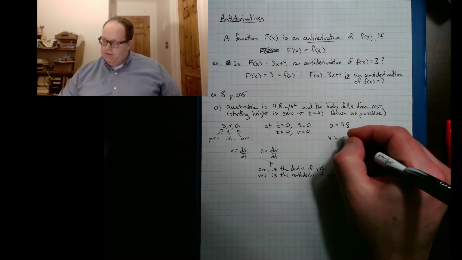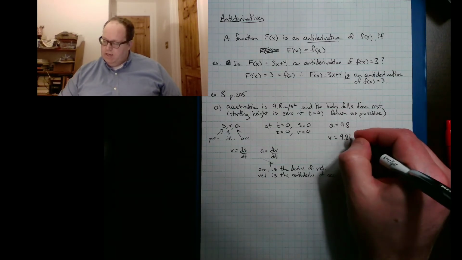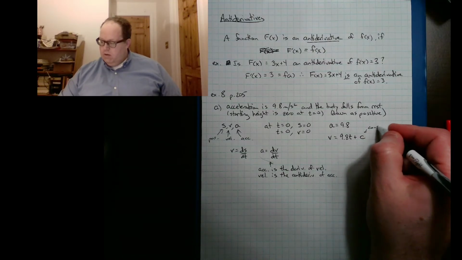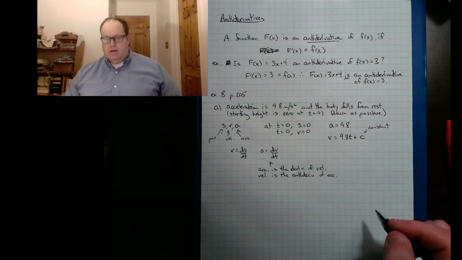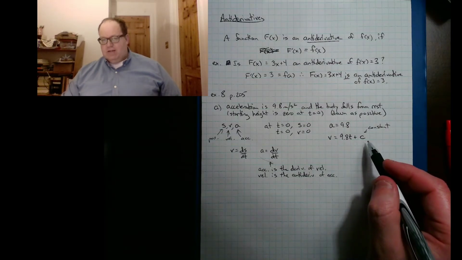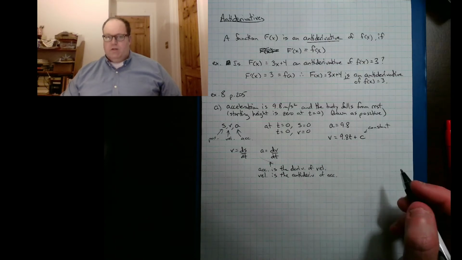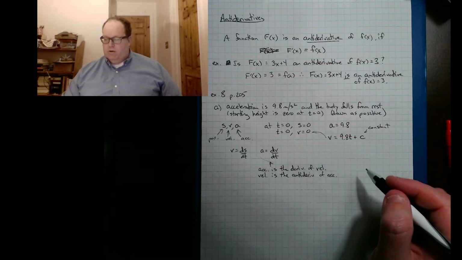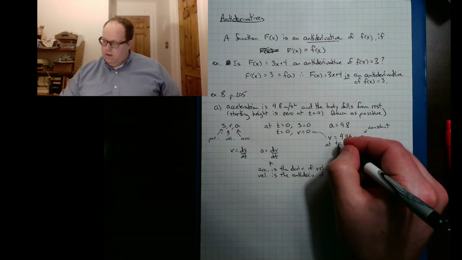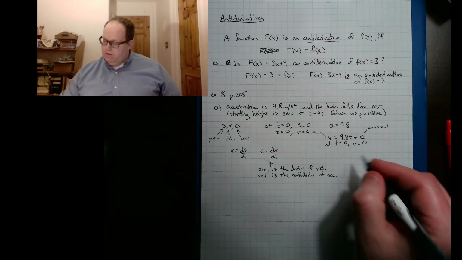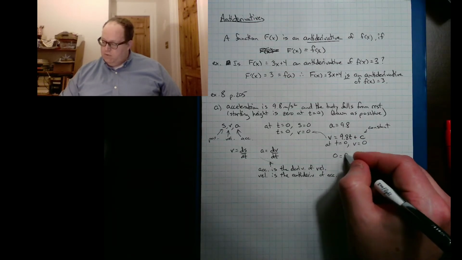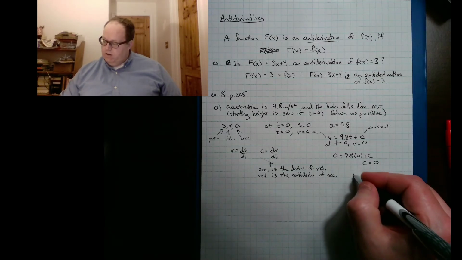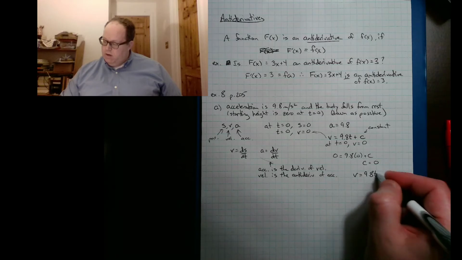So I'd argue that my antiderivative will be 9.8t plus some constant. And we don't know what that constant is, but you could have any constant tacked onto the end, and the derivative of this would equal 9.8. And that is where our initial condition is going to become important. At t equals 0, v should equal 0. Therefore, 0 has got to equal 9.8 times 0 plus c, so c itself also equals 0, and your velocity is simply 9.8t.